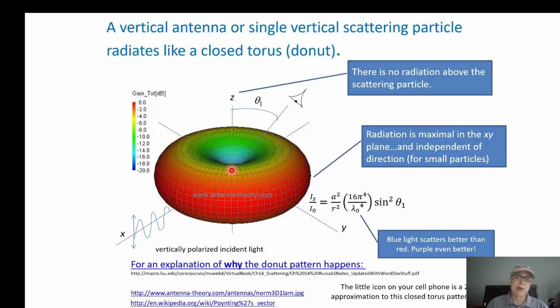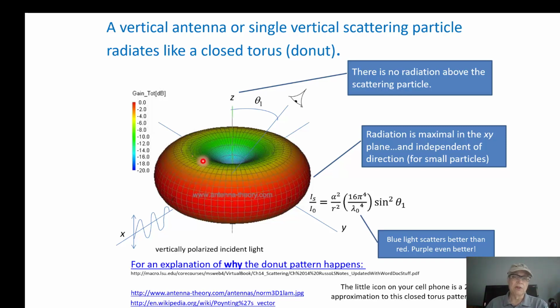The electrons in that atom bounce up and down. And it turns out that the surface of a donut with zero hole in the middle, it converges right down to nothing at the middle, describes the intensity of the radiation.